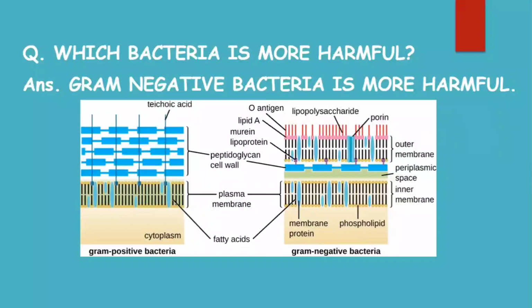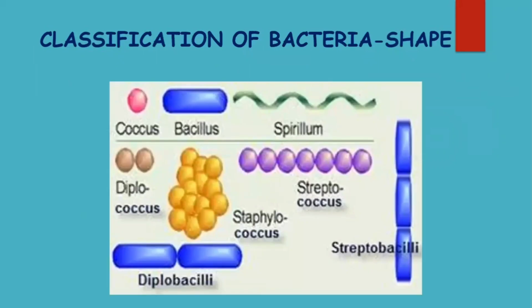Comfortable? Great. Let's proceed. Now, classification of bacteria depending upon their shape. Now, in case of bacteria, if we talk about their shape, we have coccus. Coccus means spherical bacteria. Bacillus means rod-shaped bacteria. Spirillum, which is coiled. And also we have something called vibrio.